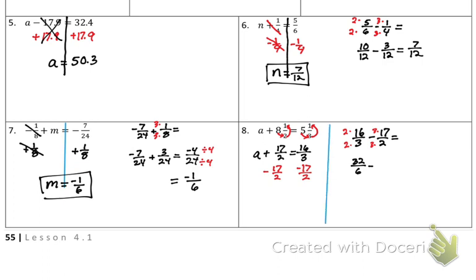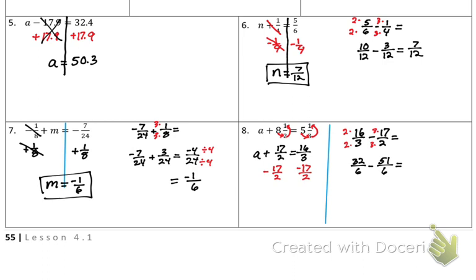What's 3 times 17? 51. Over 6. Now we have 32 minus 51. It's negative 19.